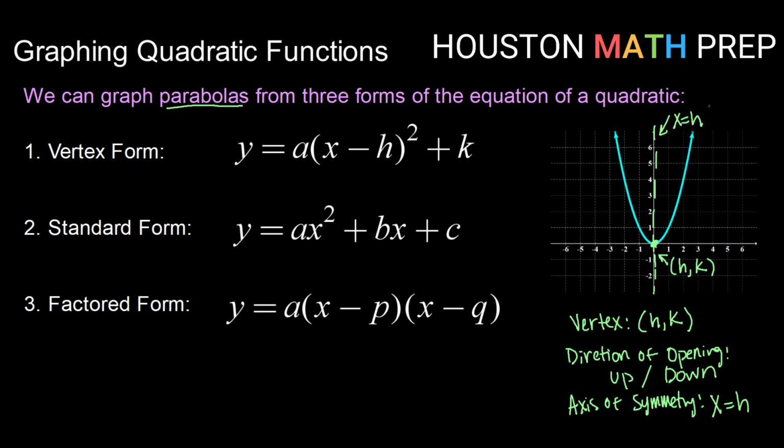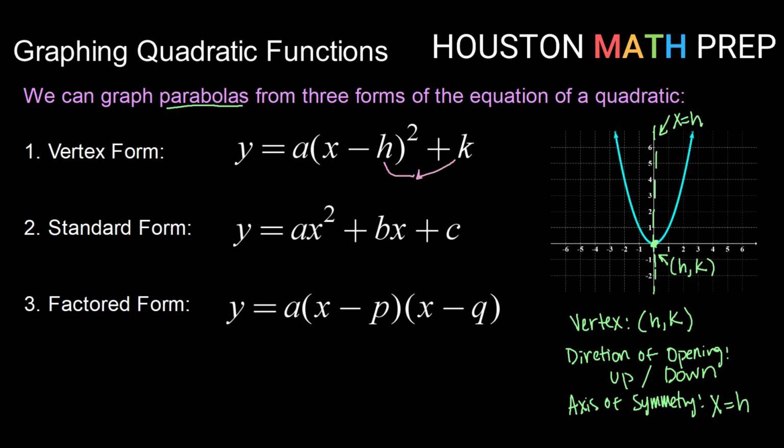All right, so let's take a look at these three forms and see what we can see in each of them. So vertex form is actually one of our easiest forms to graph from because everything is very easily visible. So in vertex form, we have a times x minus h squared plus k.